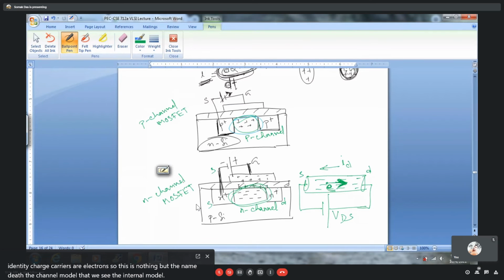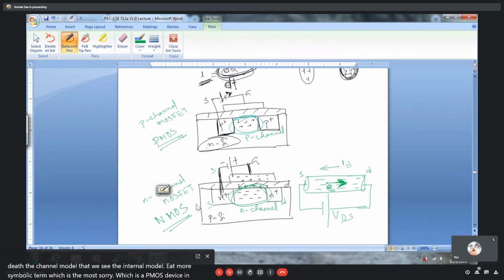In more symbolic terms, this is a PMOS device, and this is an NMOS device.